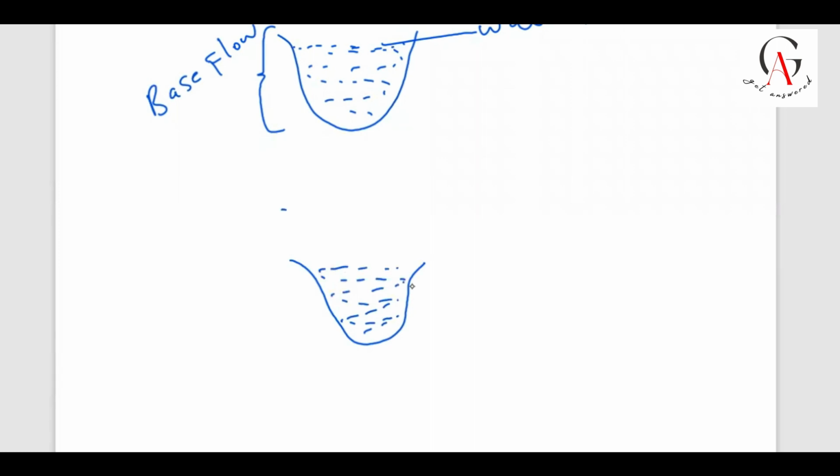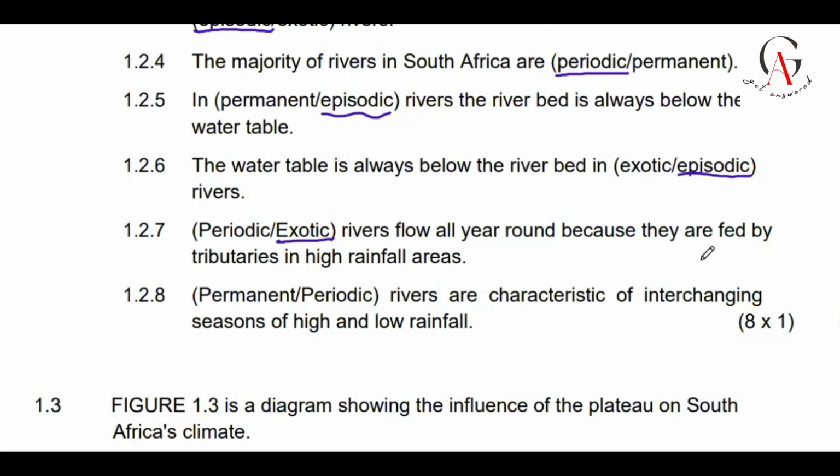So you can see that in exotic rivers, the river bed is below the water table. The moment it is below the water table, it means that this river will be supplied by the underground water or by the base flow, which makes it able to flow all year round.